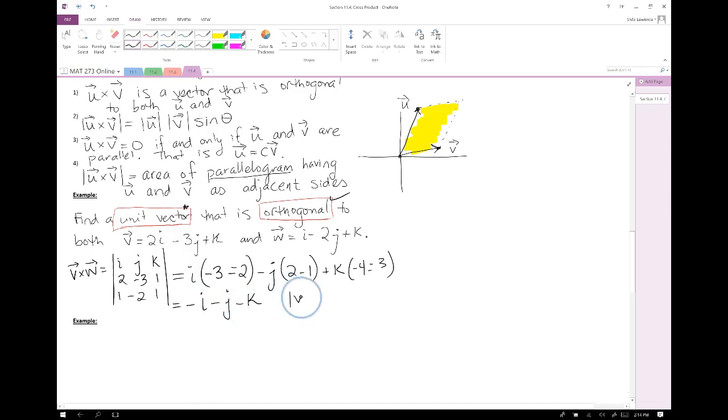The magnitude for this new V cross W vector that we've just created, that's just the typical magnitude formula, which is the square root of the sum of your components squared. And this comes out to be square root 3. So I just need to go in and divide all my components by square root 3. So we're going to have negative 1 over square root 3 i minus 1 over square root 3 j minus 1 over square root 3 k.